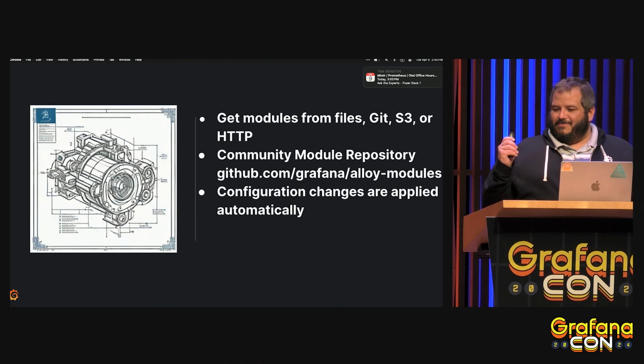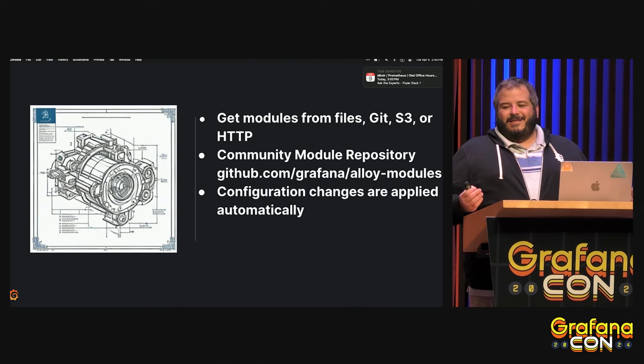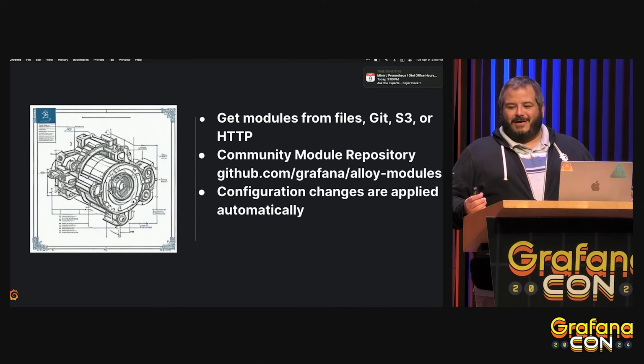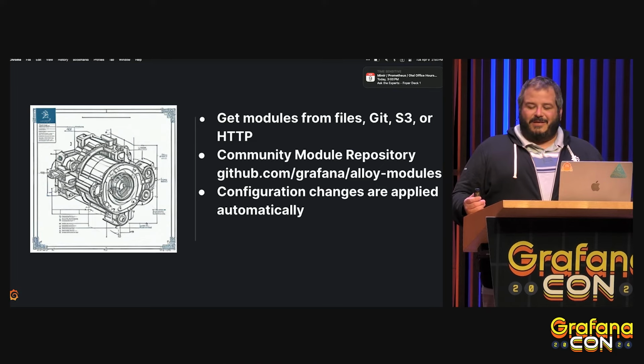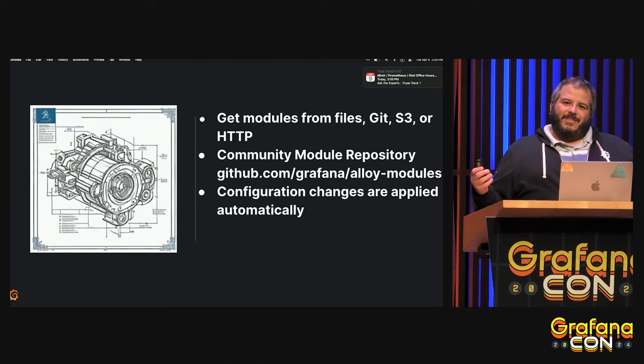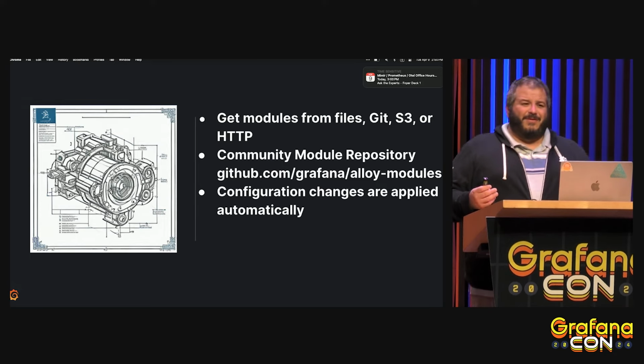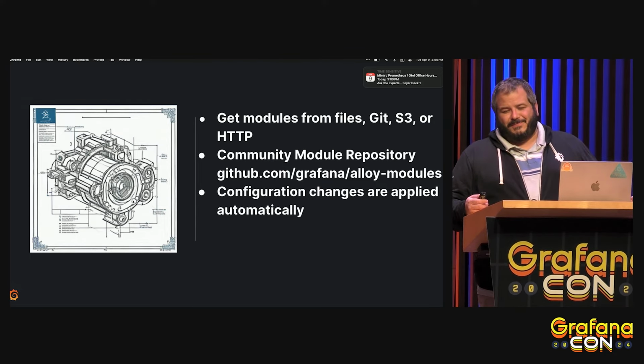Now, modules can pull from any sort of string, files, Git, S3, HTTP, and that is very powerful because you could even pull them from Vault if you wanted to.